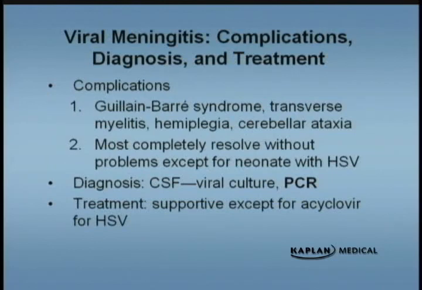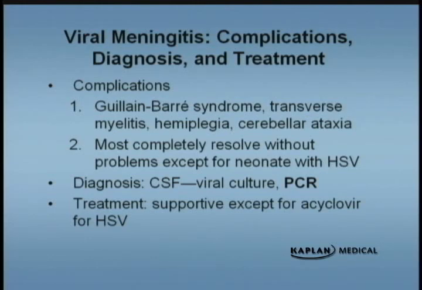Complications of viral meningitis, even though most of these are self-limited, they can contribute or cause Guillain-Barré. We discussed Guillain-Barré in a previous chapter. Also, they can cause myelitis and even ataxia. Most of the viral encephalitis/meningitis are going to resolve on their own. When we talk about encephalitis, look for more disturbances of function.